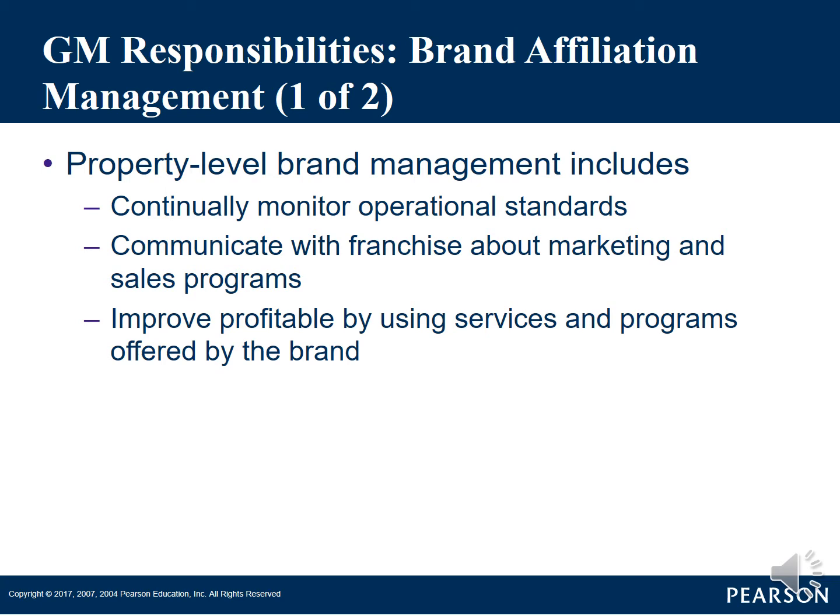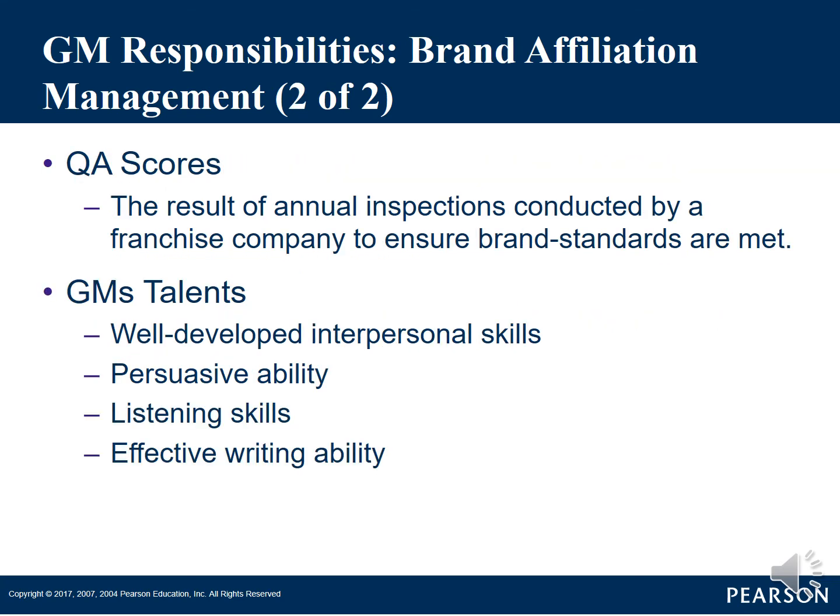And some of that's going to come with the quality assurance things, right? You're going to get inspected. And those scores, or the QA scores, are the result of annual or more frequent inspections conducted by a franchise company that ensure that their brand standards are met by the franchisee.